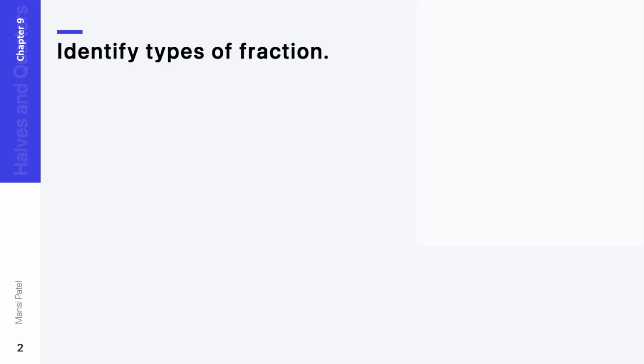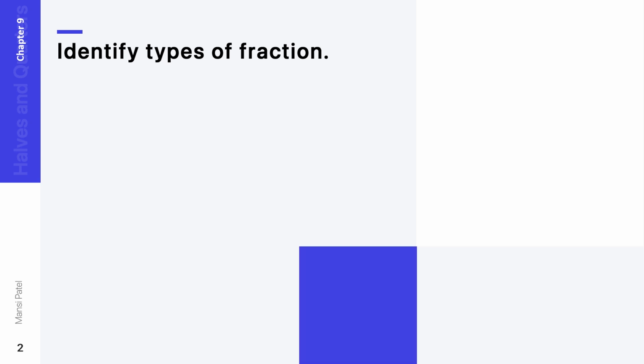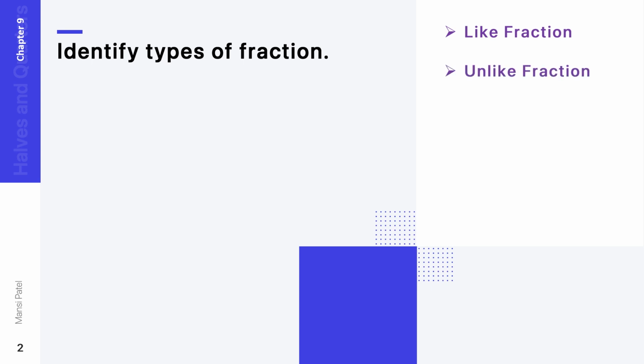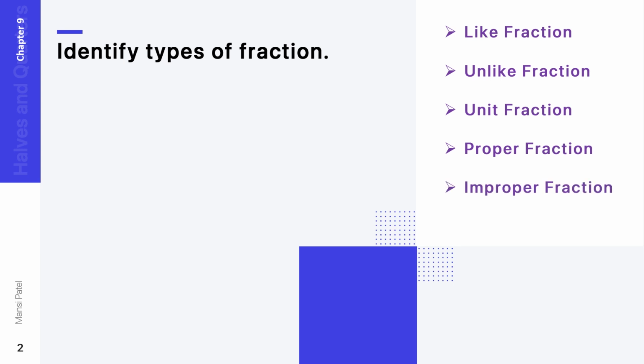Identify the types of the fraction. So first in your mind one question arises. I think you remember how many types of fraction there are? There are various types of fraction, and those fractions are like fraction, unlike fraction, unit fraction, proper fraction, improper fraction, and mixed fraction.